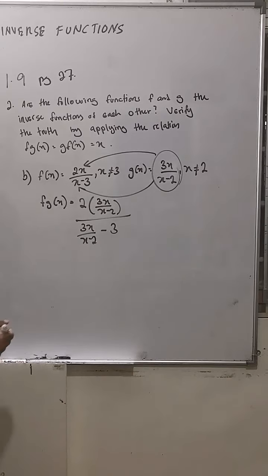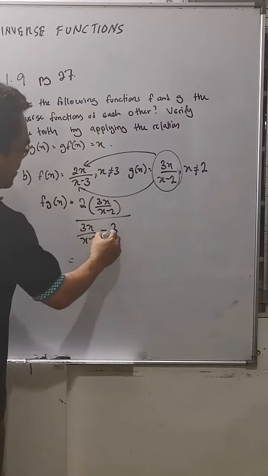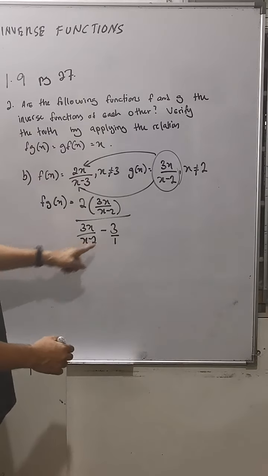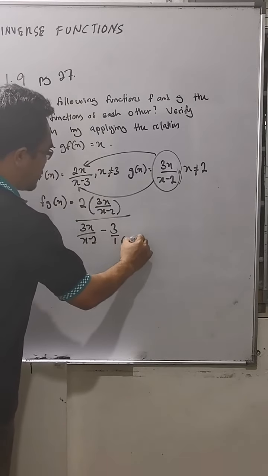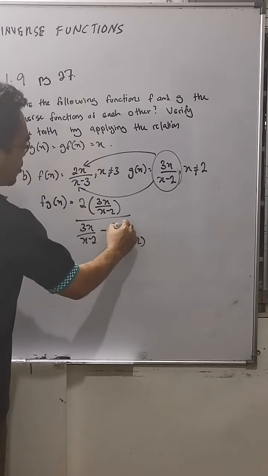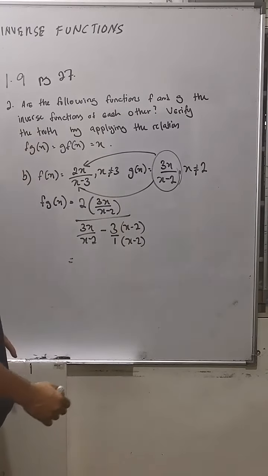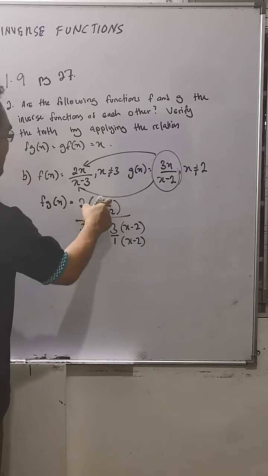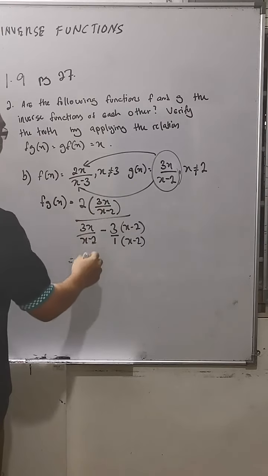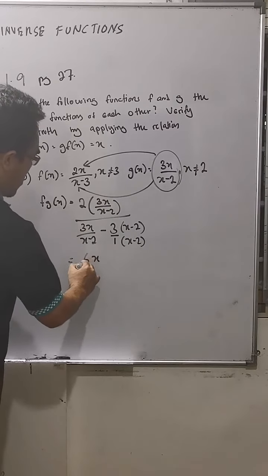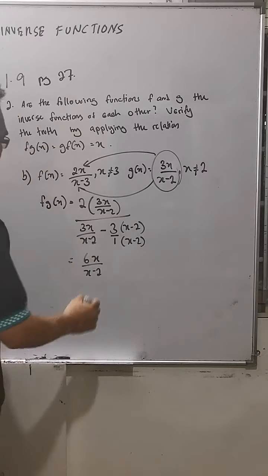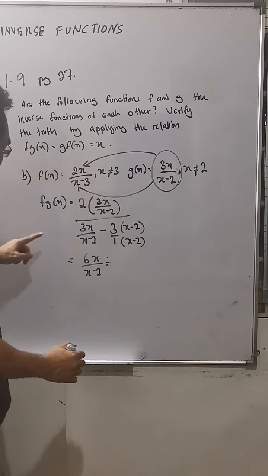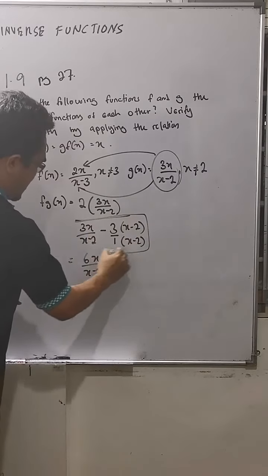Okay, so how to do this? First, I will have to multiply this, making sure that we have the same denominator. So we multiply 1 with this x minus 2, and on the top also x minus 2. On the top here, 2 times 3x, the 2 you do not have to multiply with x minus 2. So you have 6x over x minus 2. And then I will write down divide by this.